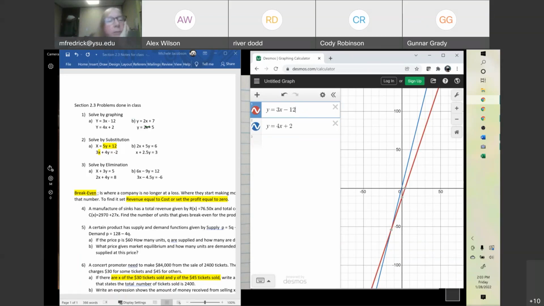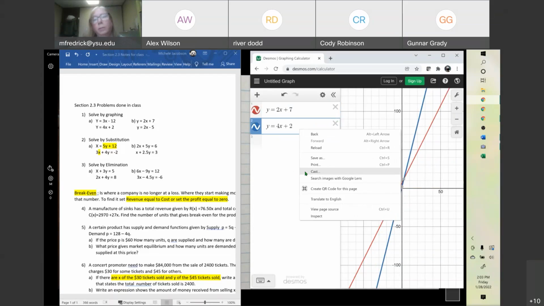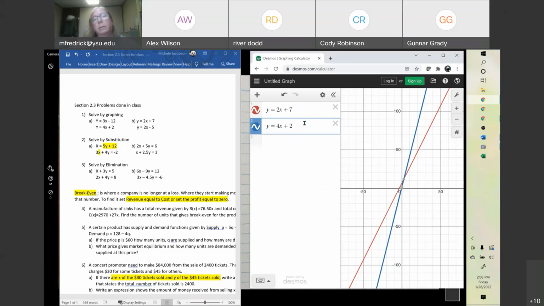Let's try the second one. Y equals 2x plus 7. Y equals 2x minus 5.